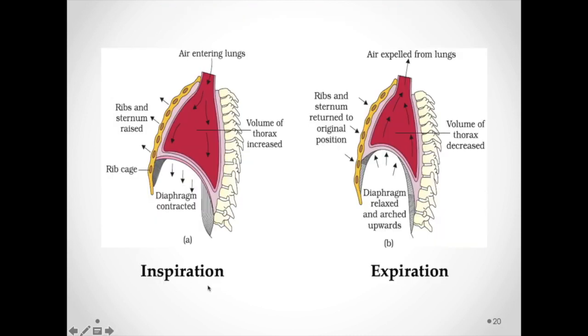So during inspiration, what happens? The diaphragm becomes straight, contracted, the ribs are raised, and the air moves inside because the atmospheric pressure is more than the pressure that is found inside the lungs. You can see the lung volume also increases. Now, during expiration, the diaphragm becomes dome shaped and the ribs and sternum return back to their original position and the air is expelled from the lungs.